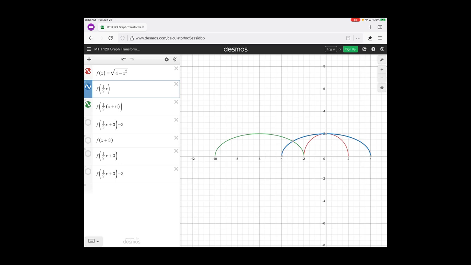And now this green graph we shift vertically downward by 3 units to produce this purple graph, which is the desired graph.